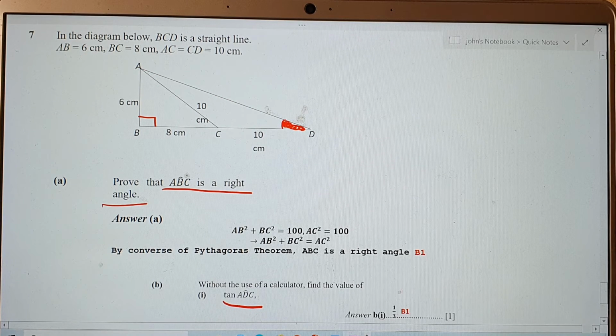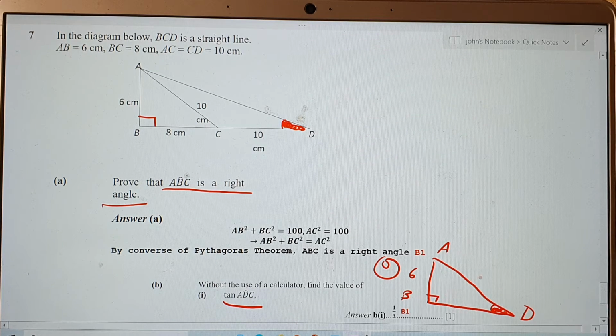So I'm going to make it belong to the right angle triangle, because right angle triangle I can easily do without using any calculator. And they want tangent, so I need to know my opposite. Do I know? Yes, very good. I know it's 6. Do I know hypotenuse? I'm not interested, so I don't label. Anyway, it's not given to me, so no point. Now I need my adjacent. My adjacent is 18.